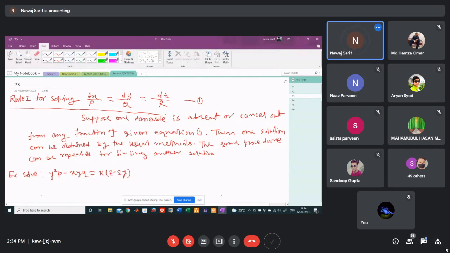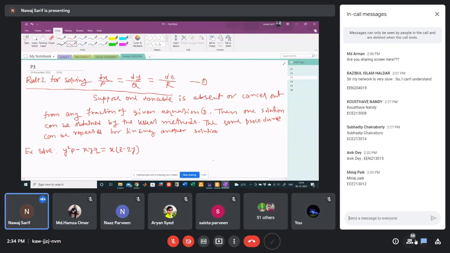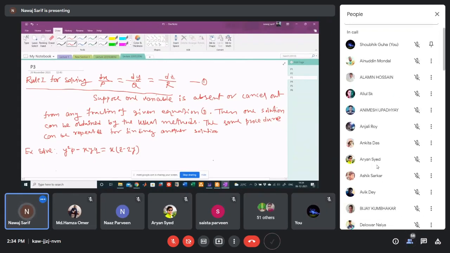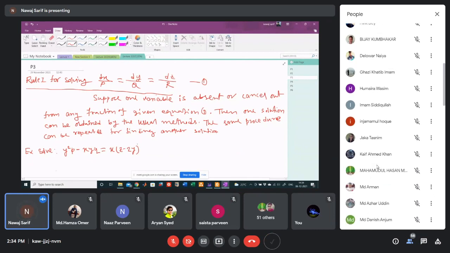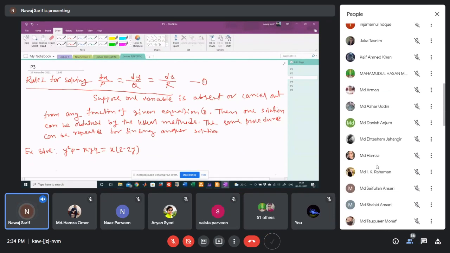Okay, y square p minus xy cube equal to x into z minus 2y. Okay, so can you solve this equation?